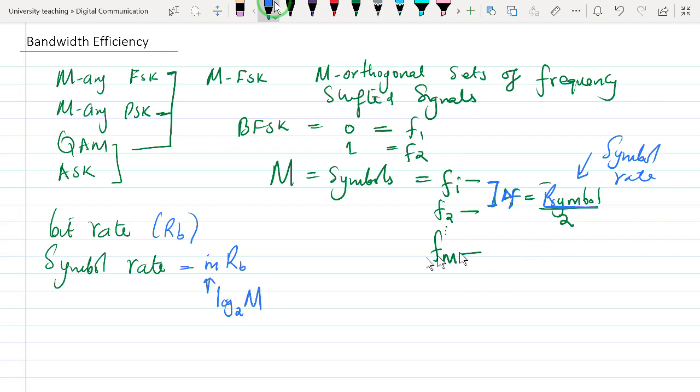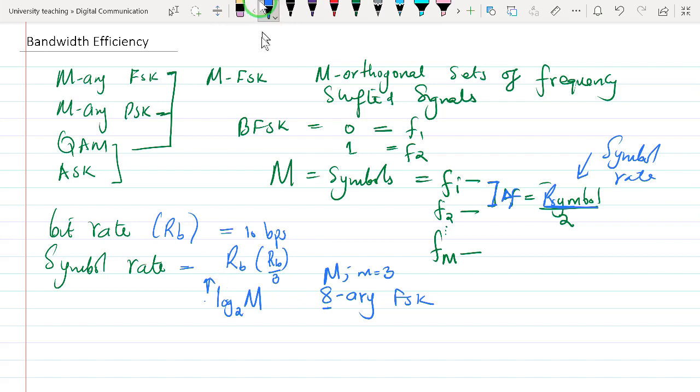So if we are given a bit rate of, say, 10 bits per second, and we are using, say, 8-ary PSK or FSK, this 8 is our capital M, and therefore the small m is given by log to base 2 of 8, which is equal to 3, and therefore our symbol rate will be equal to RB divided by 3. And I want to make this correction. This is not supposed to be times.